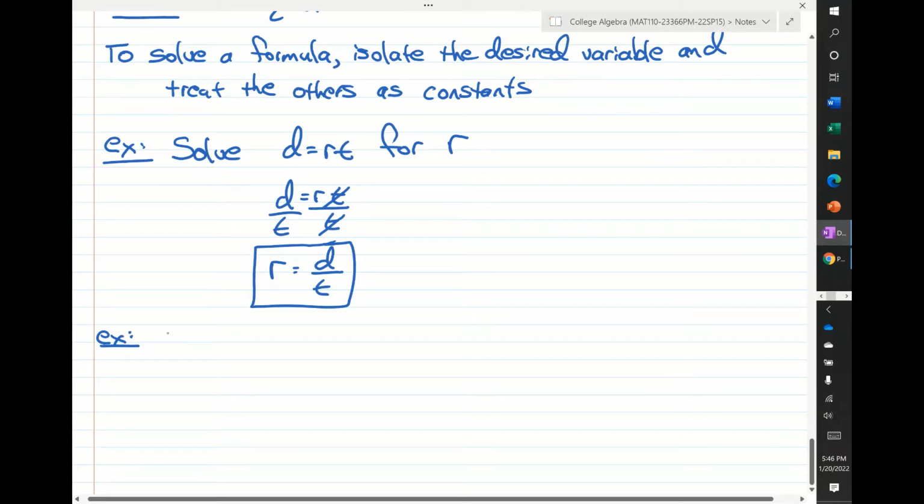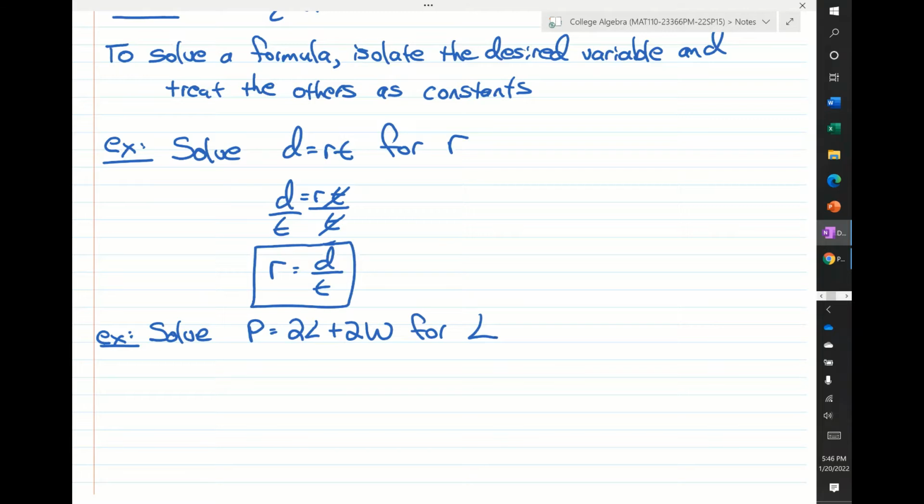Let's try the formula for perimeter. If I ask you to solve P is equal to 2L plus 2W for L, I want to try to get L by itself.